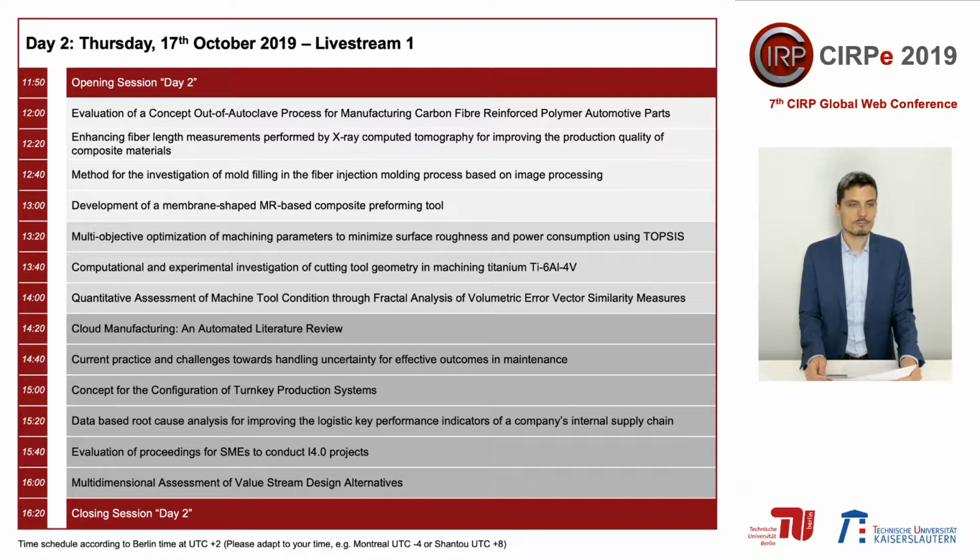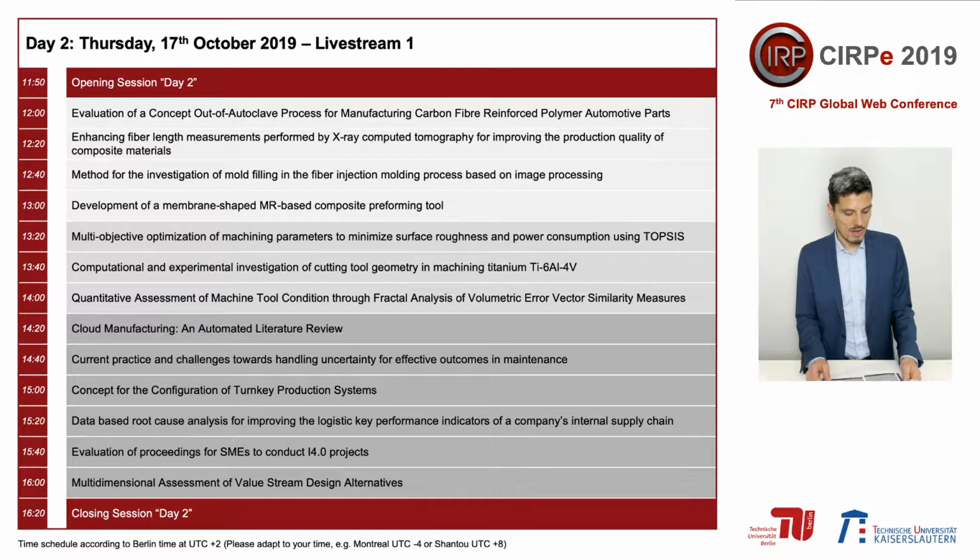The second part of this session is about cutting, spindles and grinding. The first one is a multi-objective optimization of machining parameters to minimize surface roughness and power consumption using TOPSIS. The second paper is about computational and experimental investigation of cutting tool geometry in machining titanium 6 aluminium 4 vanadium.